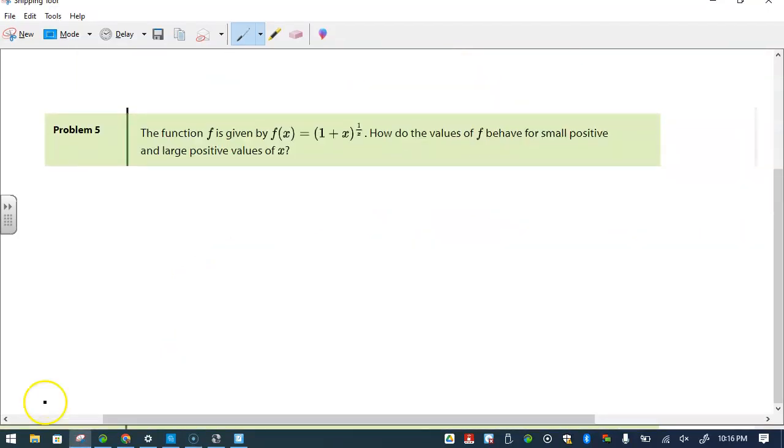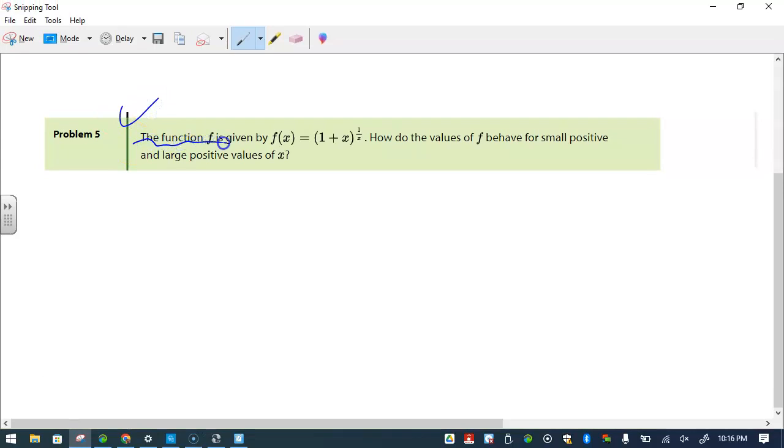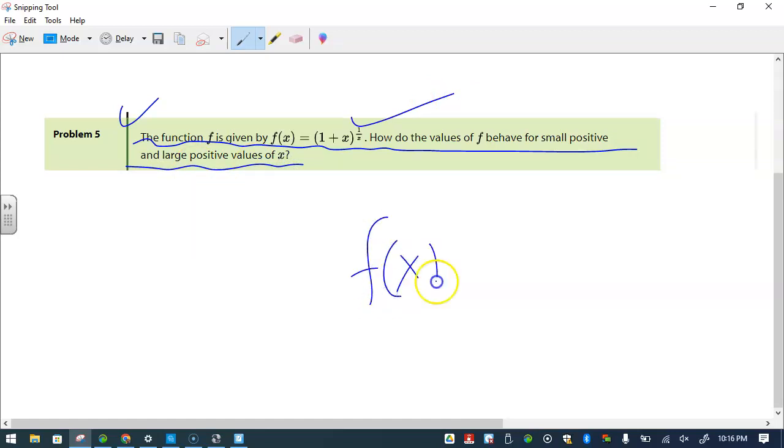Okay, look at this question now. The function is given like this: 1 plus x raised to 1 over x. So how do the values of f behave for small positive and large values? So they want to check. Last time, you remember in the classroom, I was showing it.